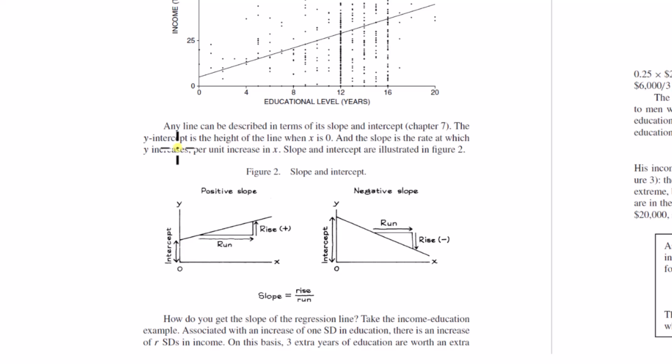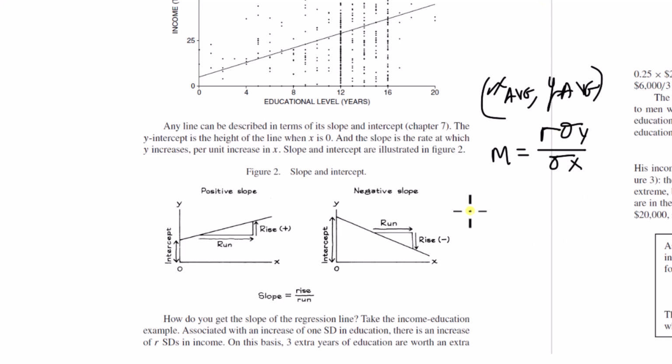The y-intercept is the height of the line when x equals 0, and the slope is the rate at which y increases per unit increase in x. Slope and intercept are illustrated in figure 2. Yeah, so we have the point of averages, and then we have a slope.